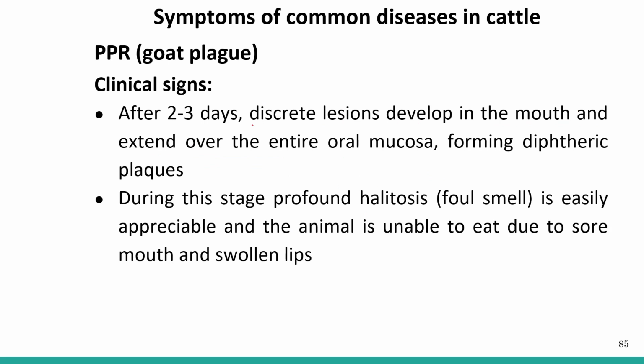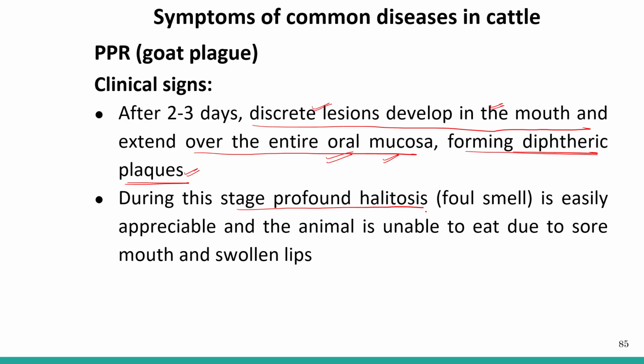After 2 to 3 days, discrete lesions develop in the mouth and extend over the entire oral mucosa, forming diphtheric plaques. This is the severe case. During this stage, a profound halitosis, that is a foul smell, is easily apparent, and the animal is unable to eat due to the sore mouth and swollen lips.